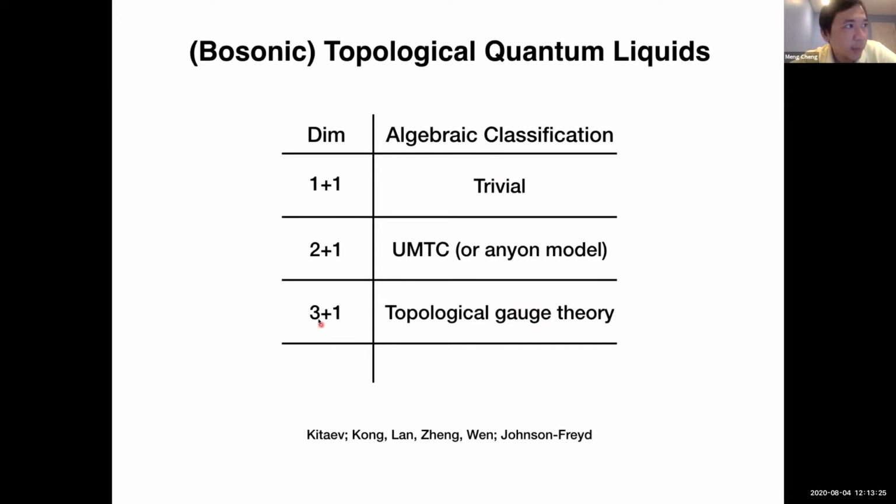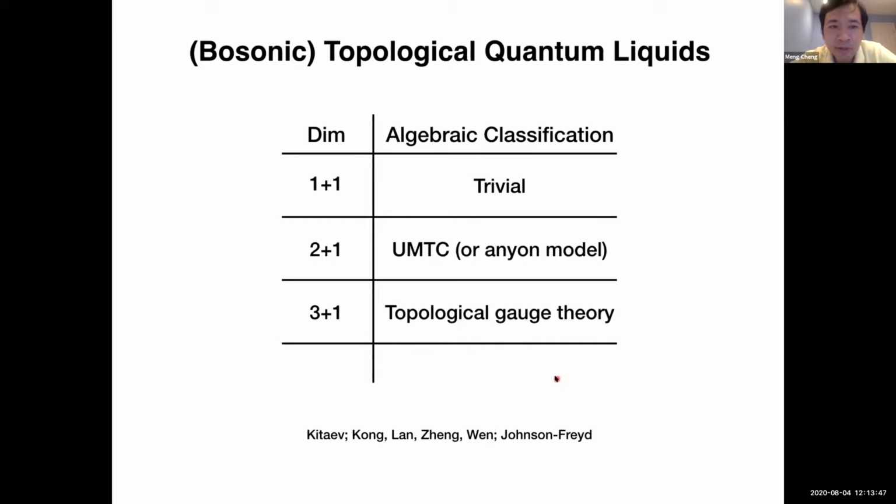And in 3+1, the recent work of Kong, Tian, Lan, Wen, Zheng, and Johnson-Freyd has provided strong evidence that everything is a topological gauge theory.